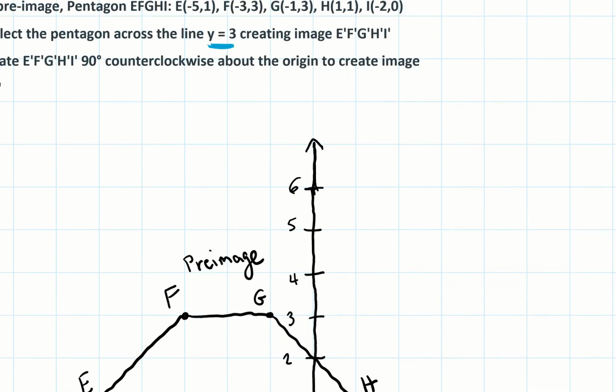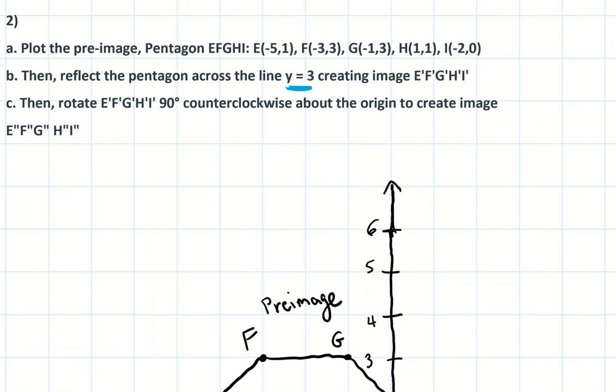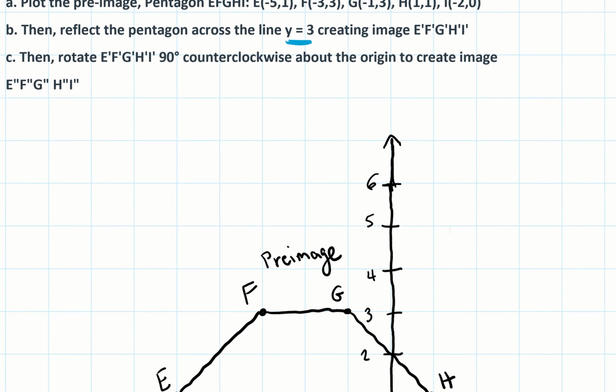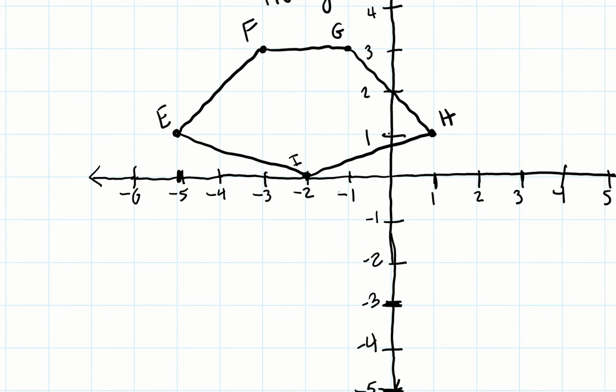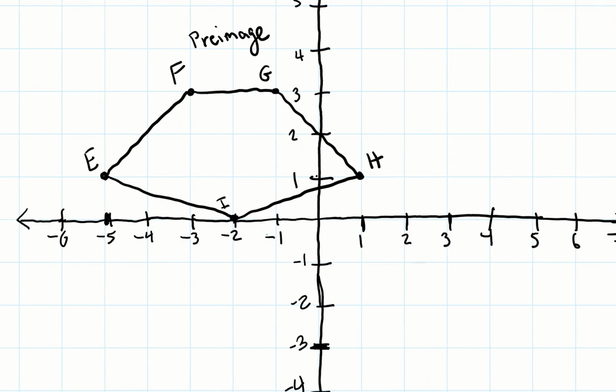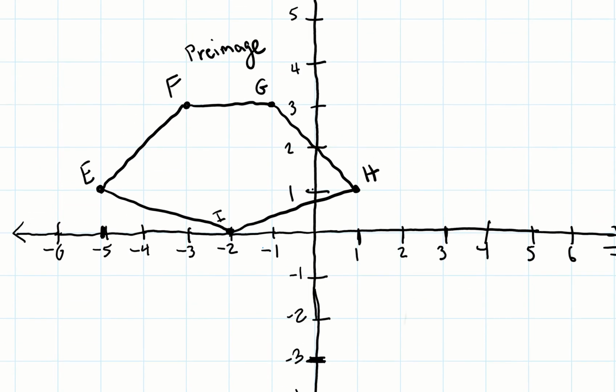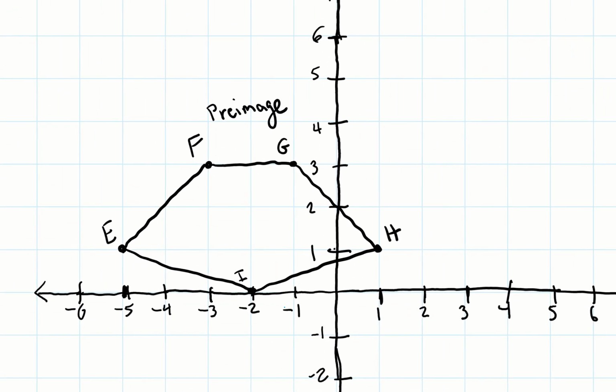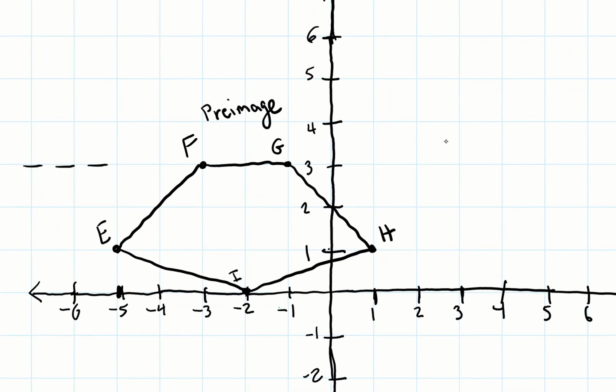So now I'm going to take that pre-image and reflect it across the line y equals 3. So y equals 3 is a horizontal line, which goes through here. And so that's my horizontal line y equals 3. Basically we're flipping it about that line, and if we flip it, F and G are going to stay put.